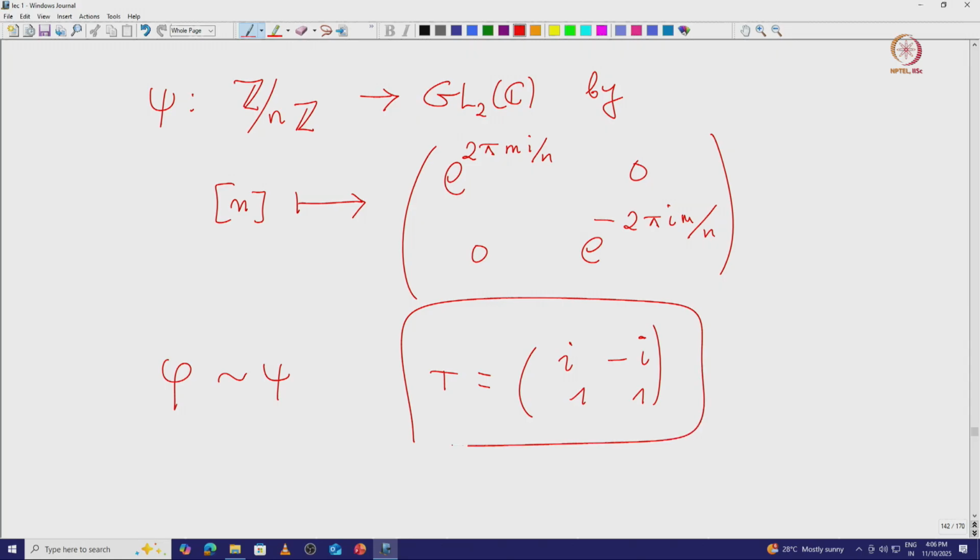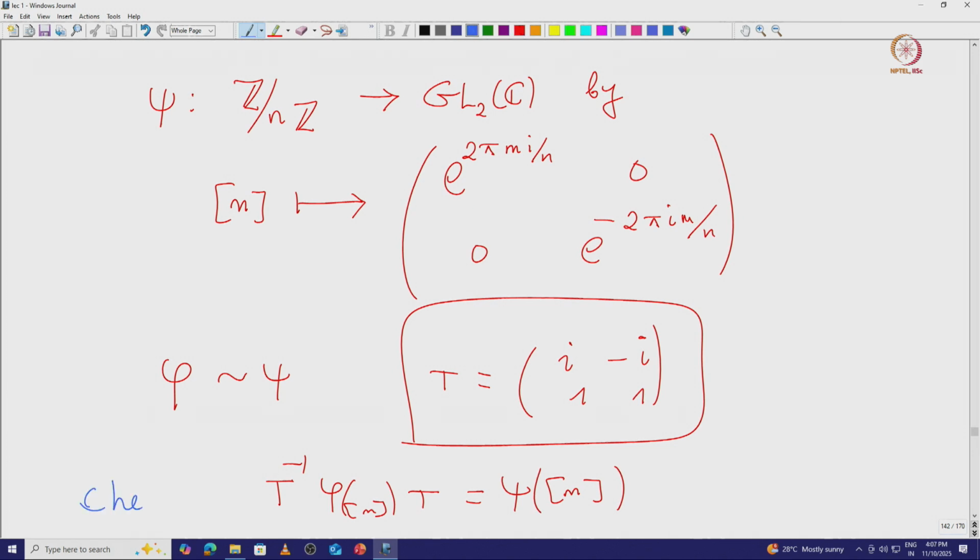One can use this T and easily check that T inverse phi of m T is going to be exactly equal to xi of m. This is something I will leave it to you to check.